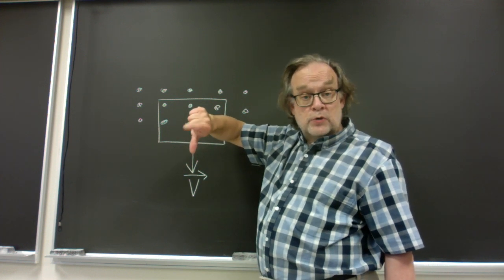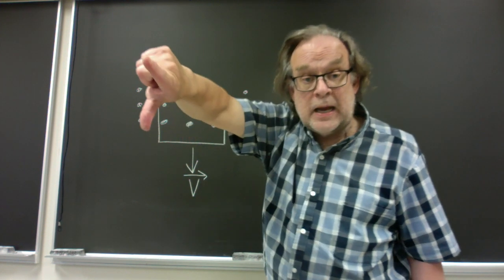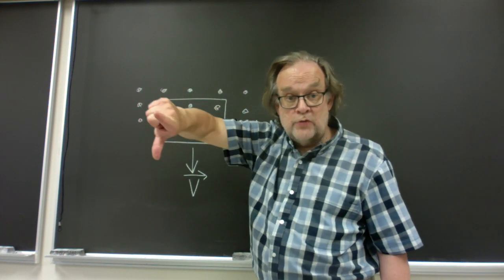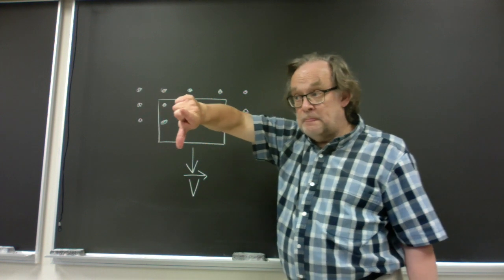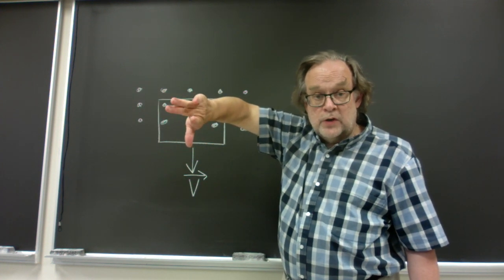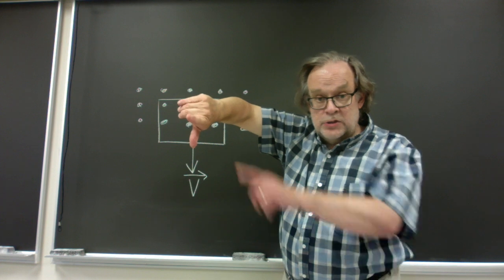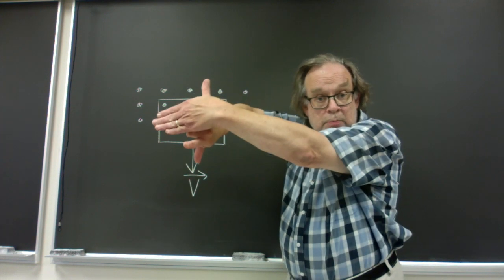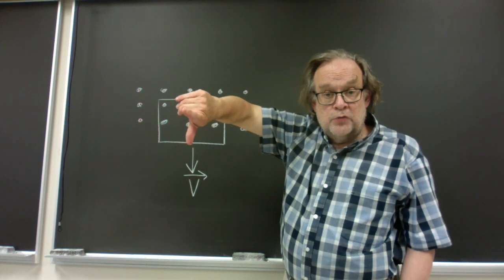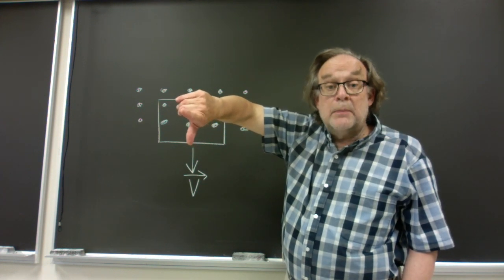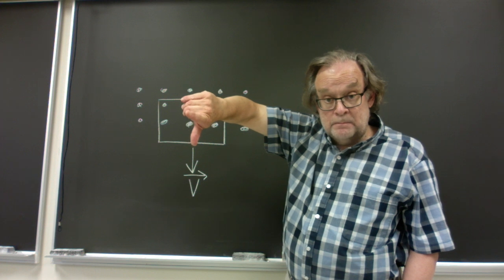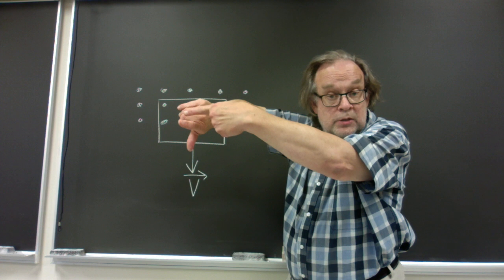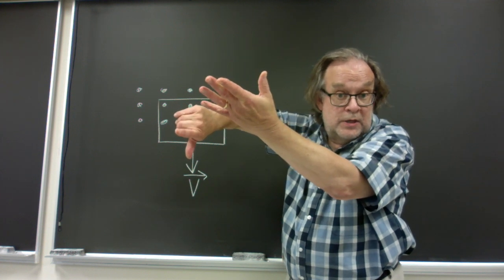Point your finger in direction of the magnetic field, which is out, coming straight at you, perpendicular to the blackboard, away from the blackboard, and then rotate your other three fingers so that they're perpendicular to index finger and thumb, and then they'll be pointing in the direction of the force on a positively charged particle, which would be a force this way, but the electrons are actually feeling a force in the opposite direction because they're negatively charged.